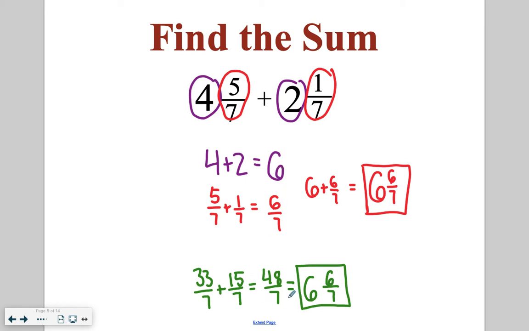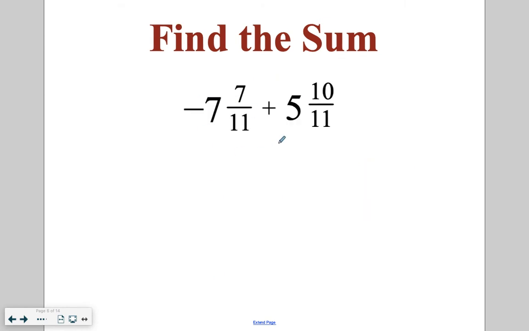So in this next example, we have a negative 7 and 7/8 being added to 5 and 10/11. So again, I'm going to break it up and say negative 7 plus 5. Negative 7 plus 5 gives me negative 2.